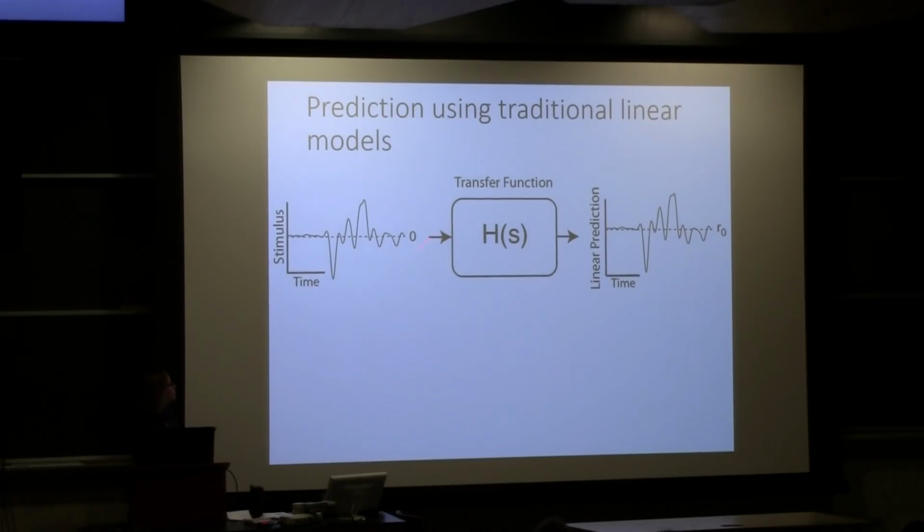So this would be a transfer function made for a neuron when you were keeping within the linear range.